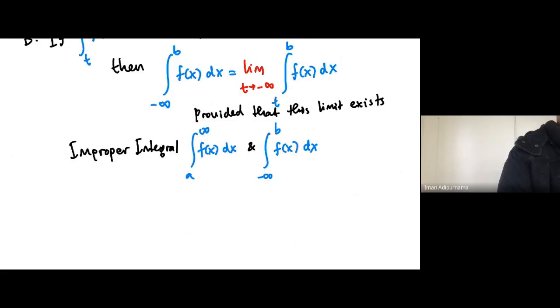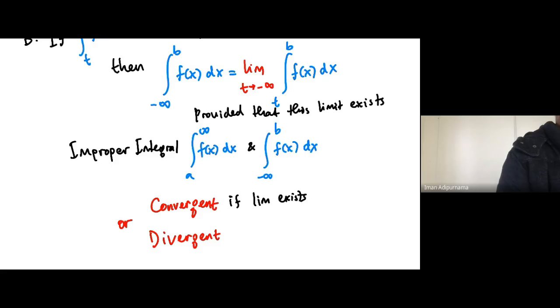They will be either convergent or divergent. Convergent if the limit exists, and divergent if the limit doesn't exist.